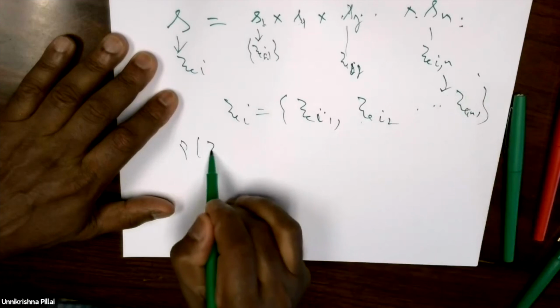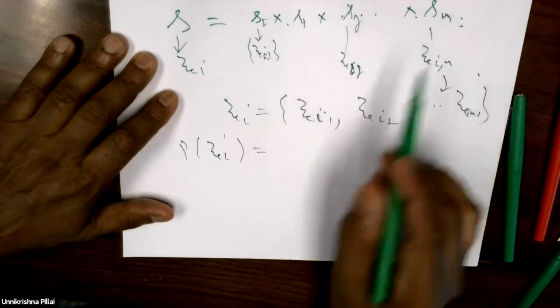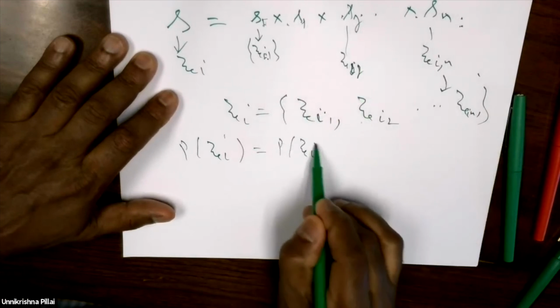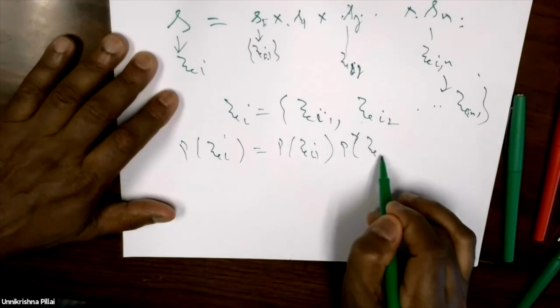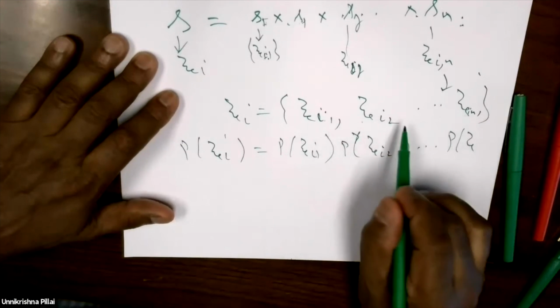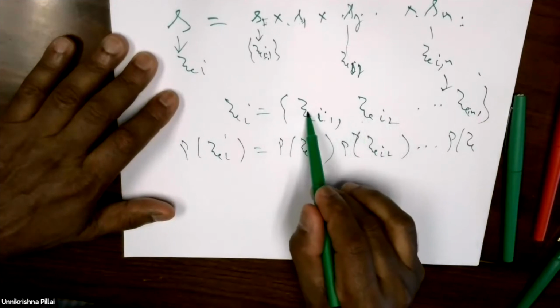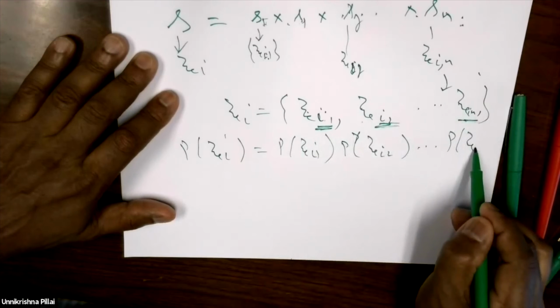And if these experiments are independent, the probability of this psi I would be the product of the elementary probabilities: probability of psi I1, probability of psi I2, etc. I don't have too many different symbols to write, otherwise you could use different symbols, but it should be clear from the indices also.